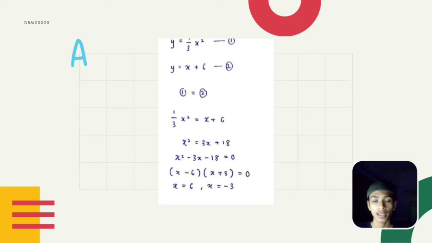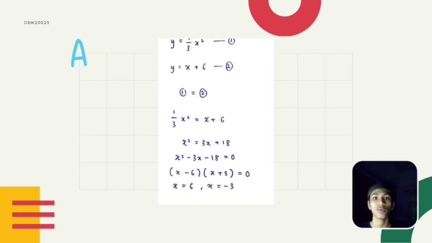The reason why equation 1 is equal to equation 2 is because both of them are y. So y is equal to y. After we put the first equation and second equation together, it's going to be 1 over 3 x to the power of 2 equals x plus 6. And then we're going to arrange it into the quadratic equation.